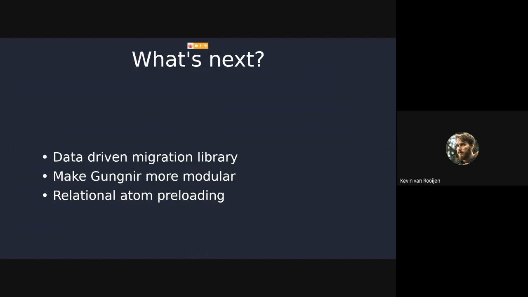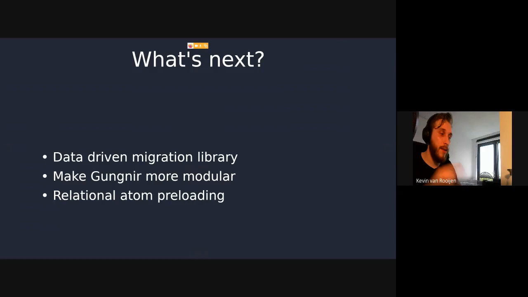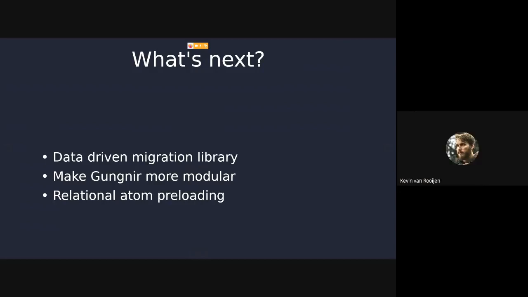And another thing is about the relational atoms: preloading. I think it's interesting that you can delay querying relational atoms, but a lot of times you would want to actually do it all in one query, because it's just more efficient to have a join instead of a separate query to get relations.